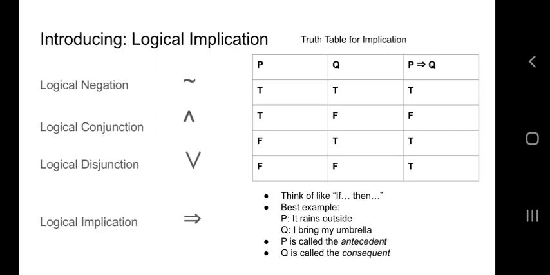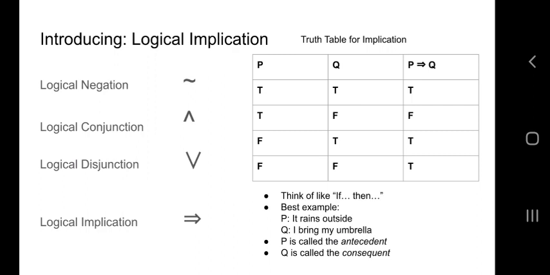So, let's assume that P is true and let's assume that Q is true. Both of them are true. Is it also true that if P is true, then Q is true? Well, yep, it is. Because if the implication is true, that means that every time P is true, we must also have that Q is true.